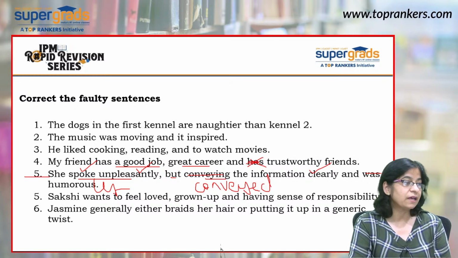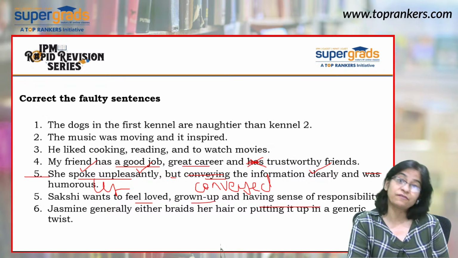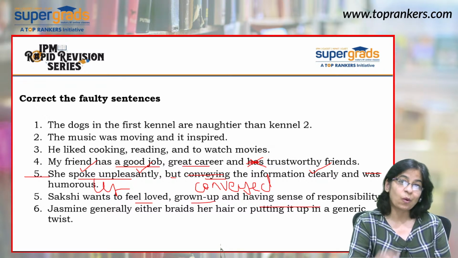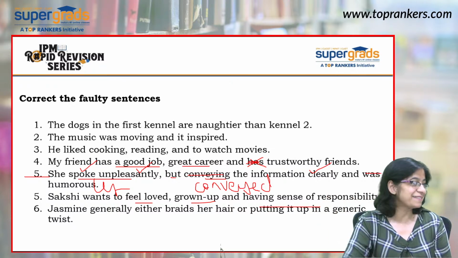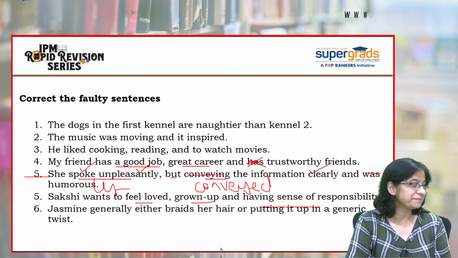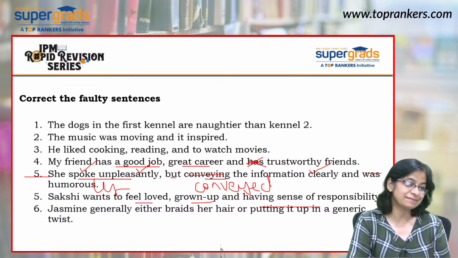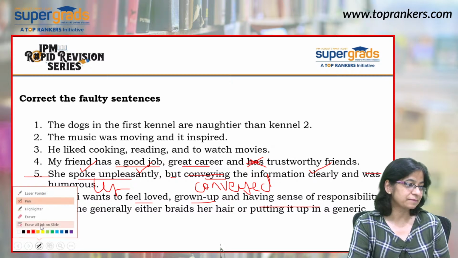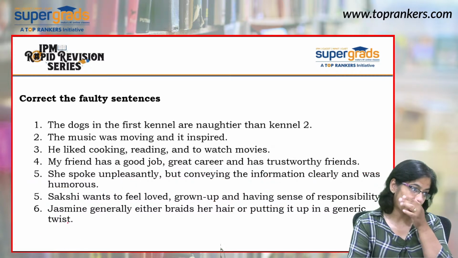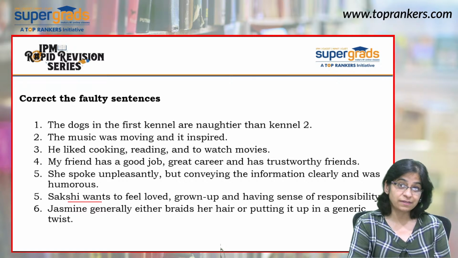Now, the next one. Sakshi wants to feel loved, grown up, and having sense of responsibility. Now, what part do you think should be parallel here in this sentence? Try and figure out. Sakshi wants. Now, what does she want?